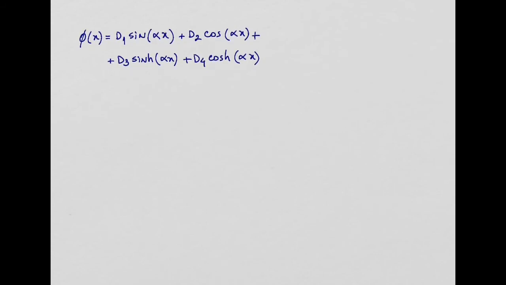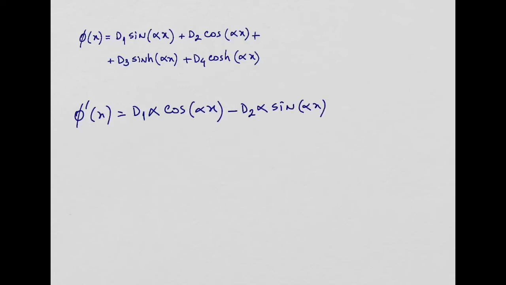very quickly, hopefully. So the first derivative is going to be equal to d1 alpha times cosine alpha x. I'm deriving with respect to x, right? Minus d2 alpha sine alpha x plus d3 alpha hyperbolic cosine of alpha x, since the derivative of the hyperbolic sine is the hyperbolic cosine.